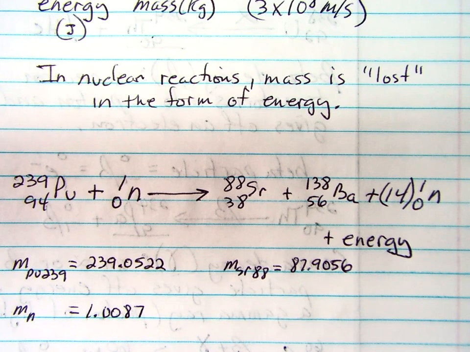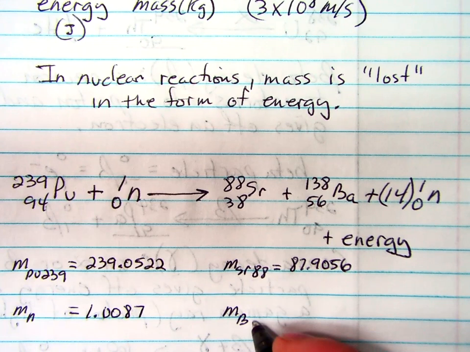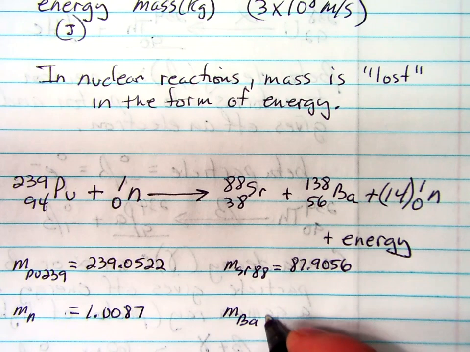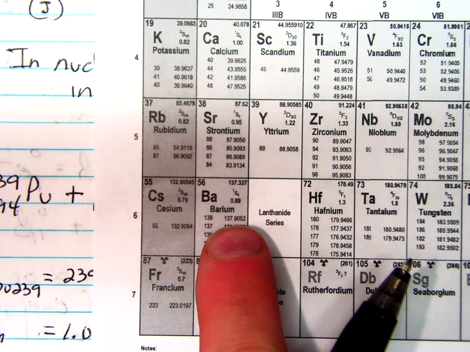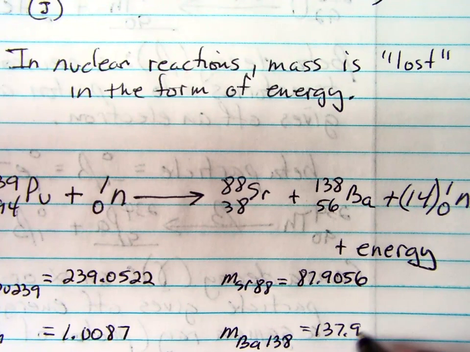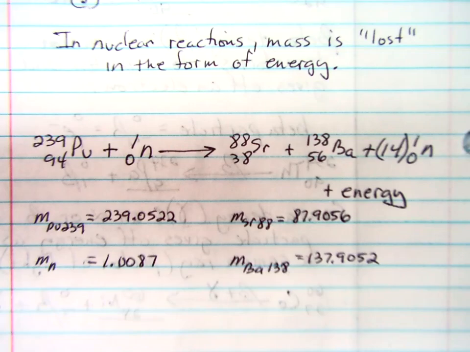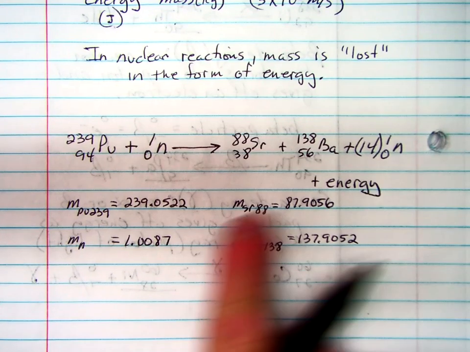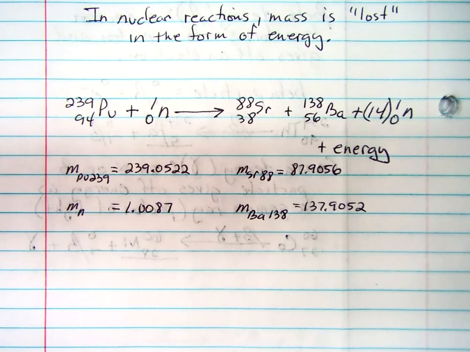And we next need to look up barium. The mass of barium-138. It's right below strontium. And it is 137.9052. Okay, that's all of the different species. We have some more neutrons over here, but they have the same mass as this neutron.